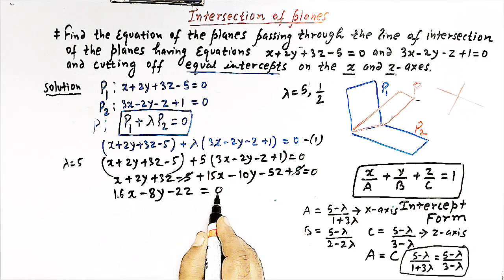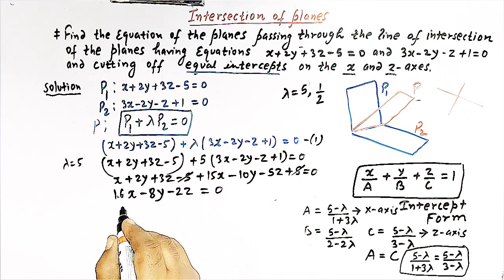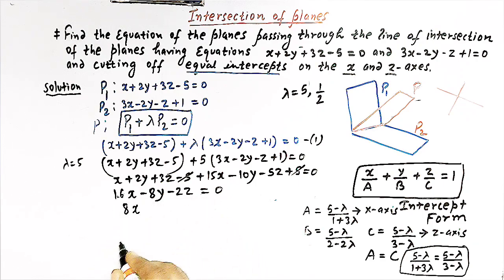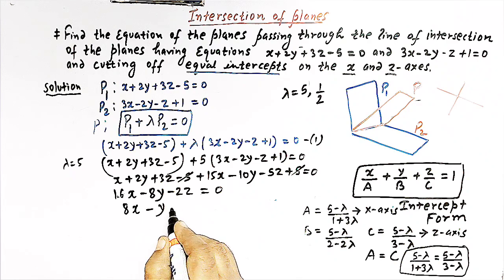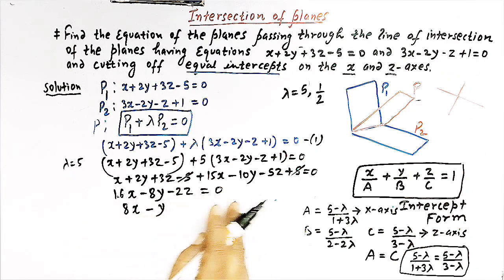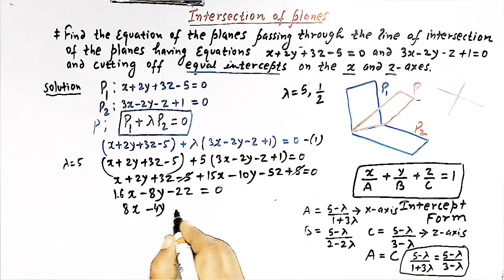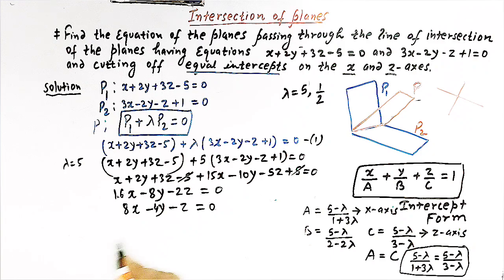So let us divide throughout by 2. So we have here 8x, then we have minus 4y, and minus z, and this is equal to 0.